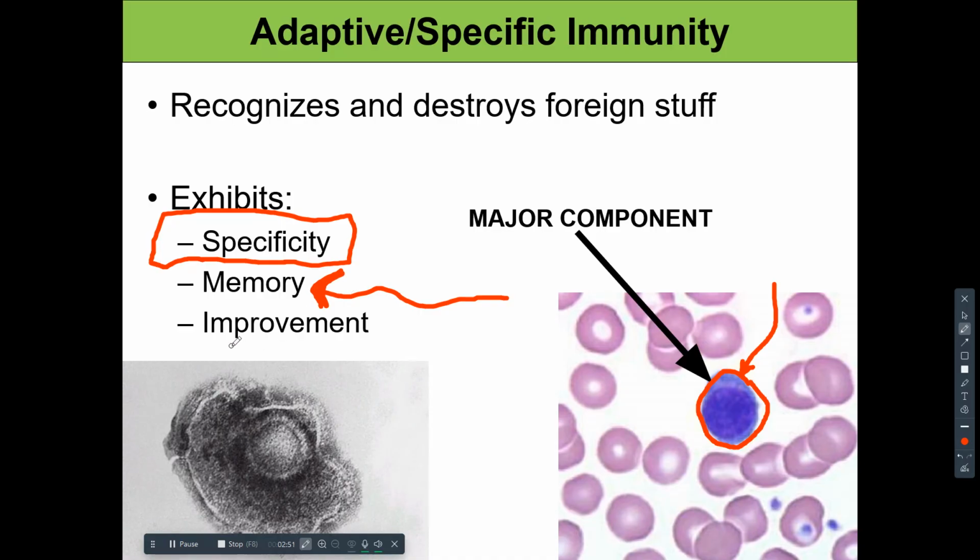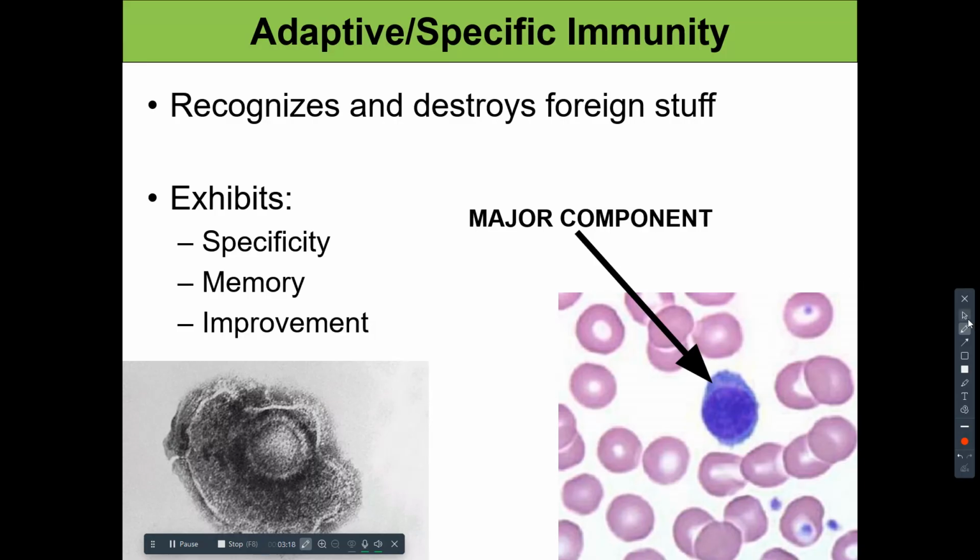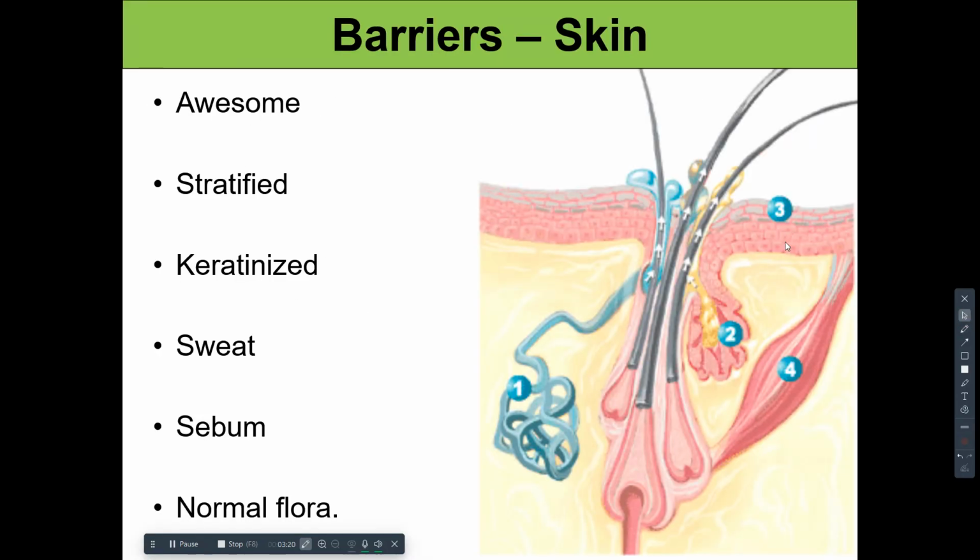And because of this memory, as we're going to see, there is the ability to improve upon our response in subsequent exposures, where we don't even know that we're being invaded by the same organism that was in there before. All right, so we're going to come to this adaptive specific immunity eventually. Let's go through the innate branch first. And remember, that was barriers, cells, and chemicals.